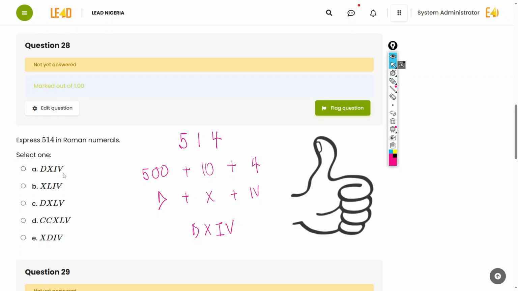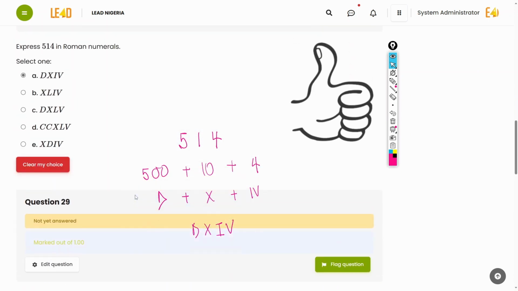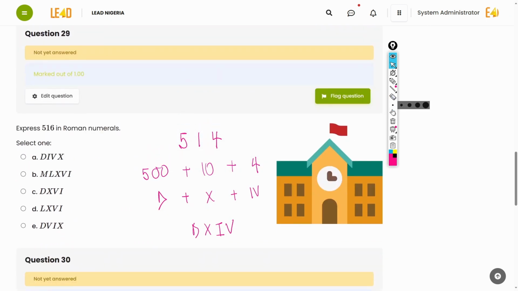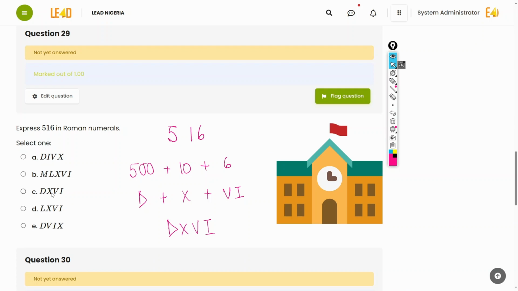Express 516 in Roman numerals. That's 500 plus 10 plus 6. So this is D plus X plus VI. So it is DXVI. That's C.